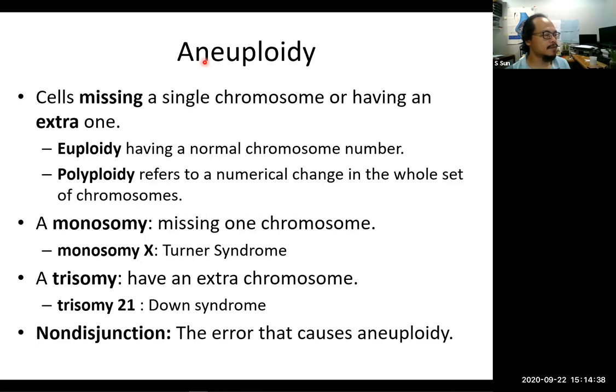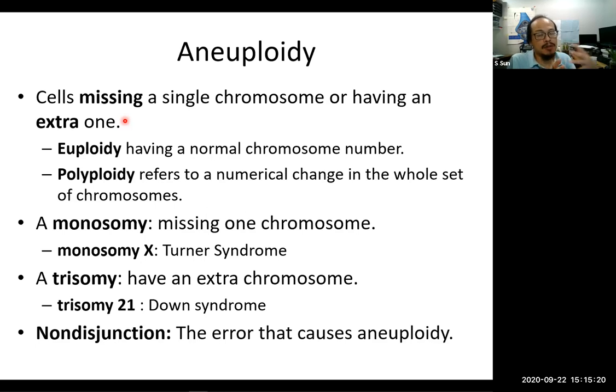And as I mentioned before, another group of the disorders of sex development is the chromosome either missing or extra. This missing or extra is called aneuploidy. Aneuploidy is the group of conditions in which we have either a missing or an extra chromosome.